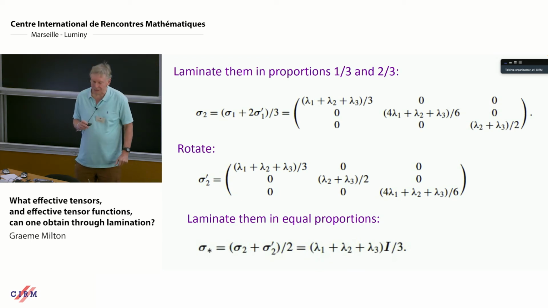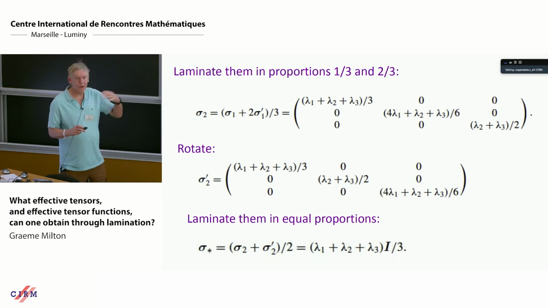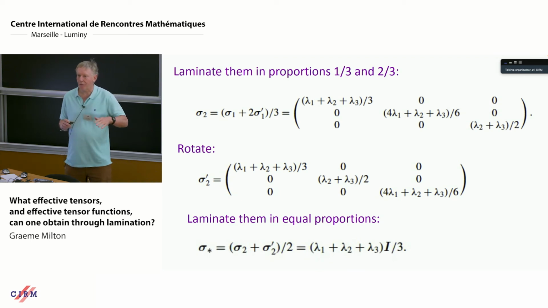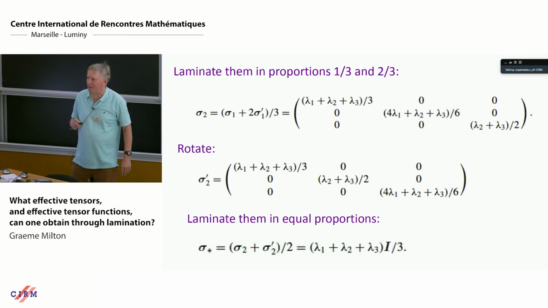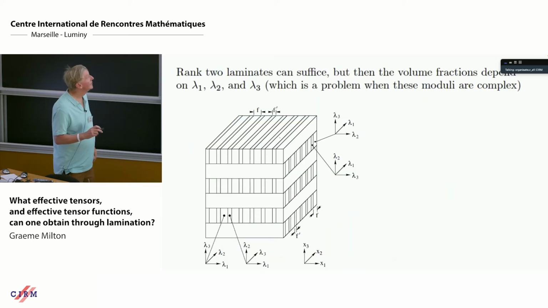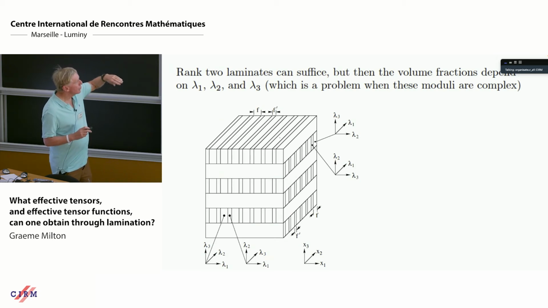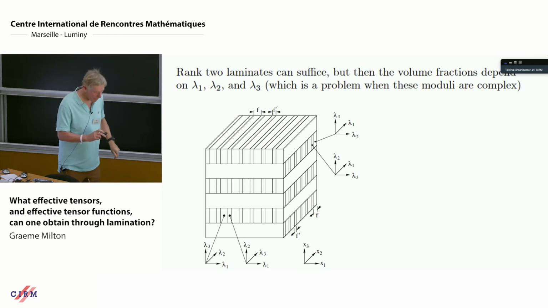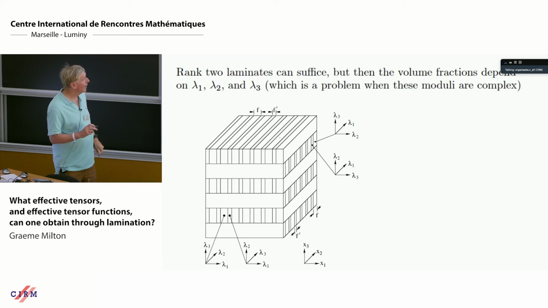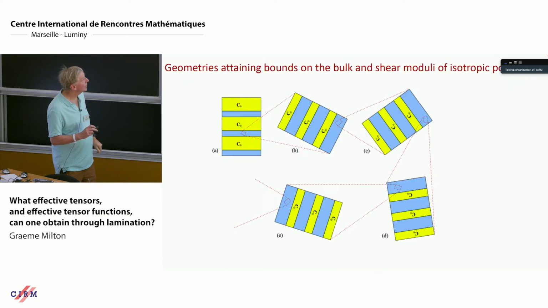And this is known as a rank 3 laminate. The idea of rank 3 is the number of steps of lamination that you actually require. You can actually get by with a rank 2 laminate, but that's only true if the moduli are real and not complex, because the volume fractions depend upon the moduli, and if they're complex, you have a problem with complex volume fractions.